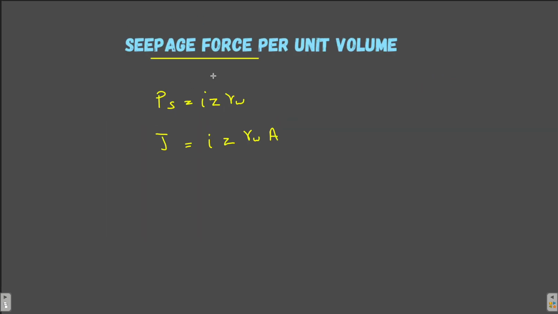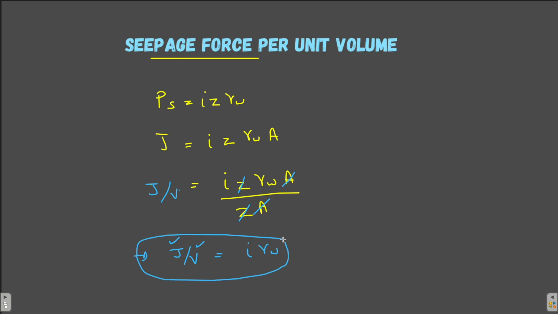So the seepage force per unit volume will be given by i z gamma_w into A by Z into A. So this term and this term will get cancelled out, as well as A and A. So seepage force per unit volume, let me write J by V, will be i into gamma_w.